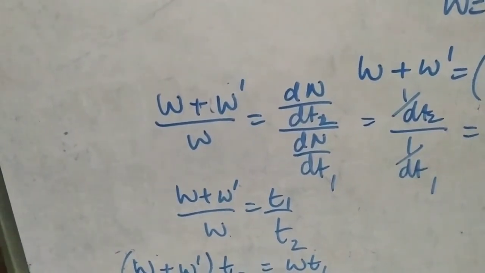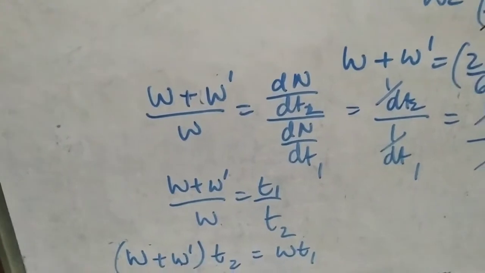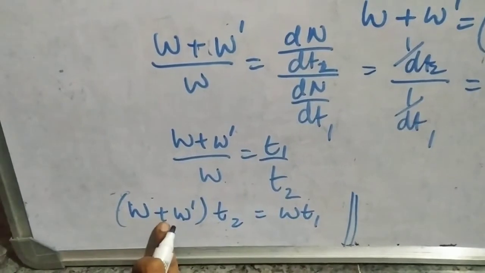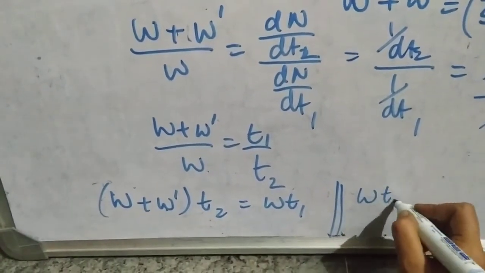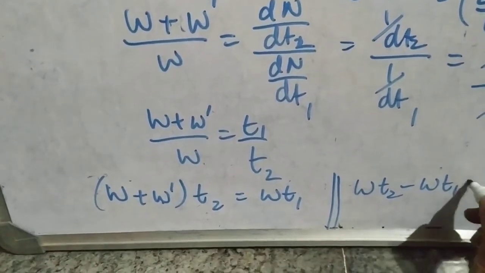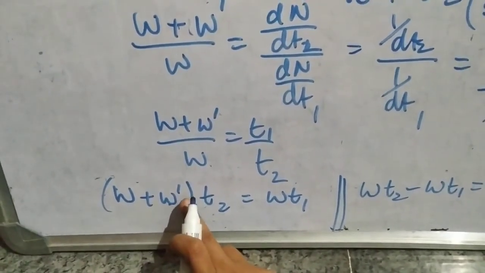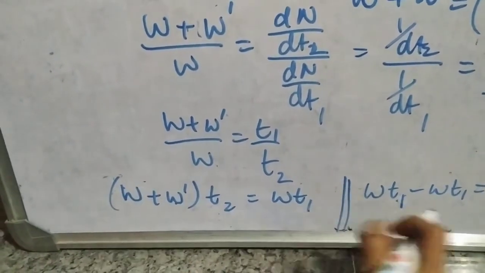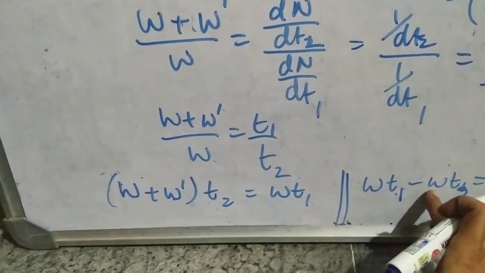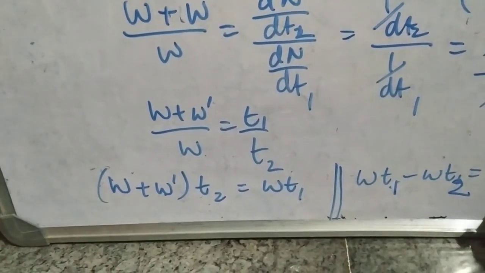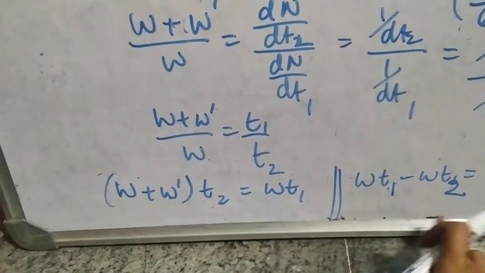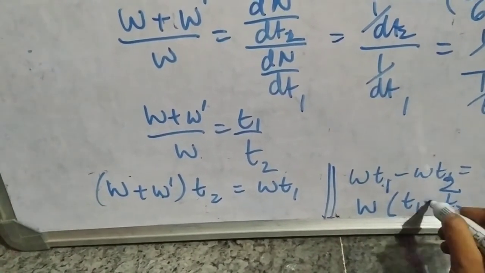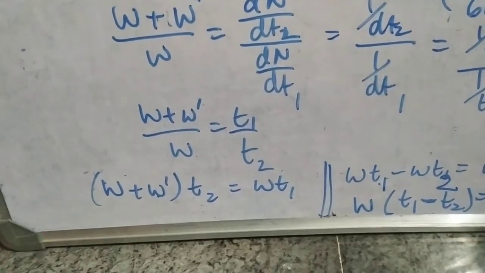I am interested in determining the value of the stray loss W. So I shift this W here: W into T2 minus W into T1 is equal to this. I keep W into T1 as it is and shift the other term, so it becomes minus W into T2, with W dash into T2 on the other side with a positive sign. So W into T1 minus T2 is equal to W dash into T2.